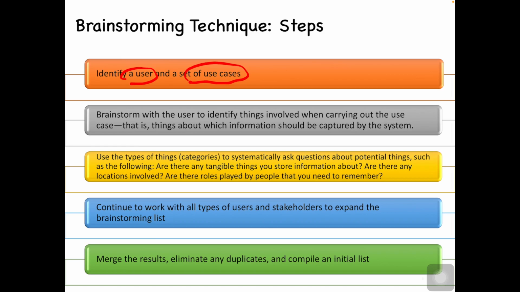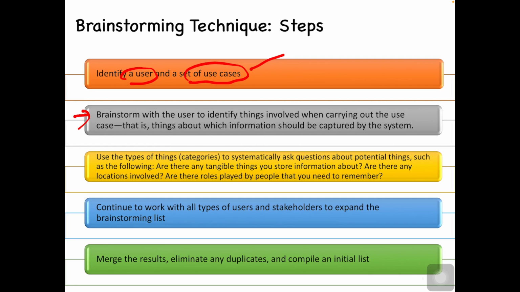Next, the second step, brainstorm with the user to identify things involved when carrying out the use case. When we want to carry out this use case, we identify what are the things involved, that is, things about which information should be captured by the system. There is some information that is not needed in the system, so we will exclude that.